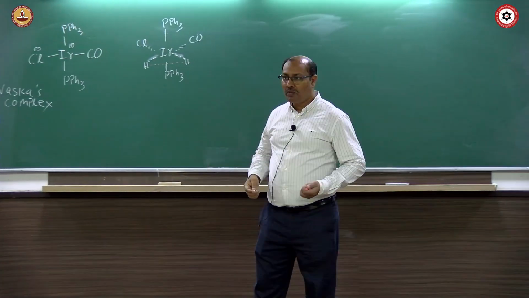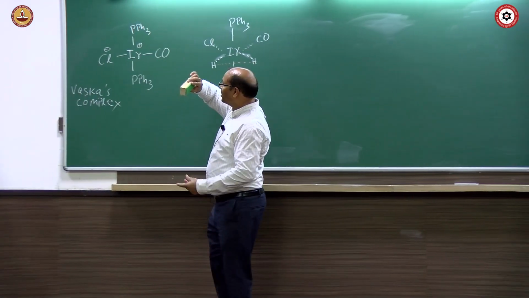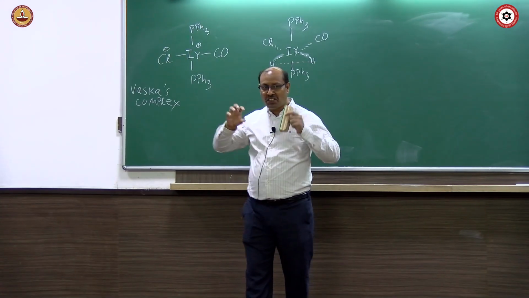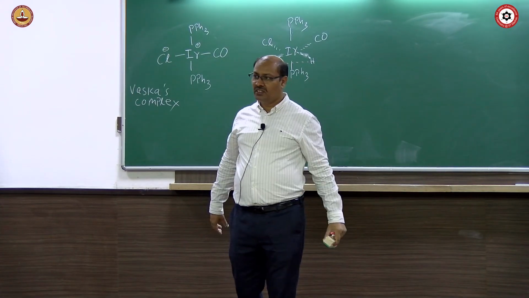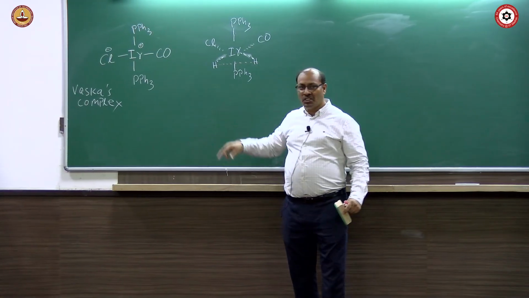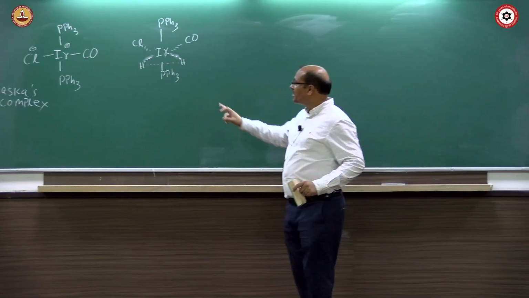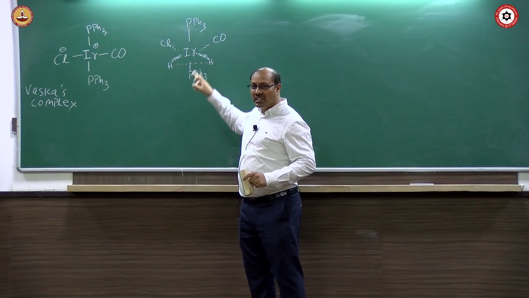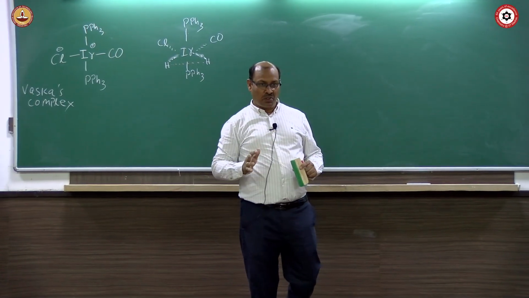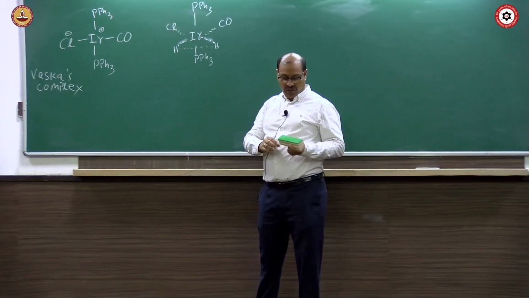Consider that one molecule of hydrogen is coming like this and pushing the CO and Cl behind. And this place is occupied by those 2 hydrogen atoms. So this dotted line indicates the bond is broken but not completely broken, and this indicates that a bond is formed but not completely formed.